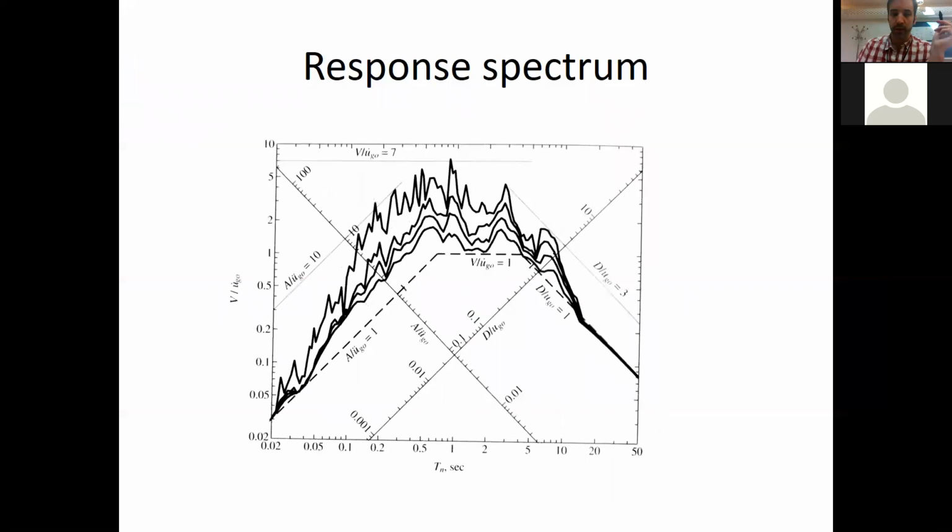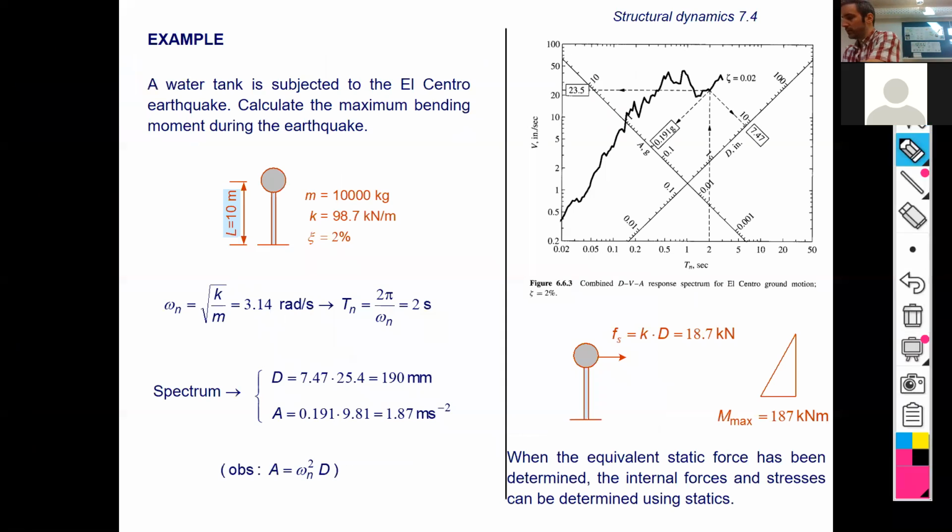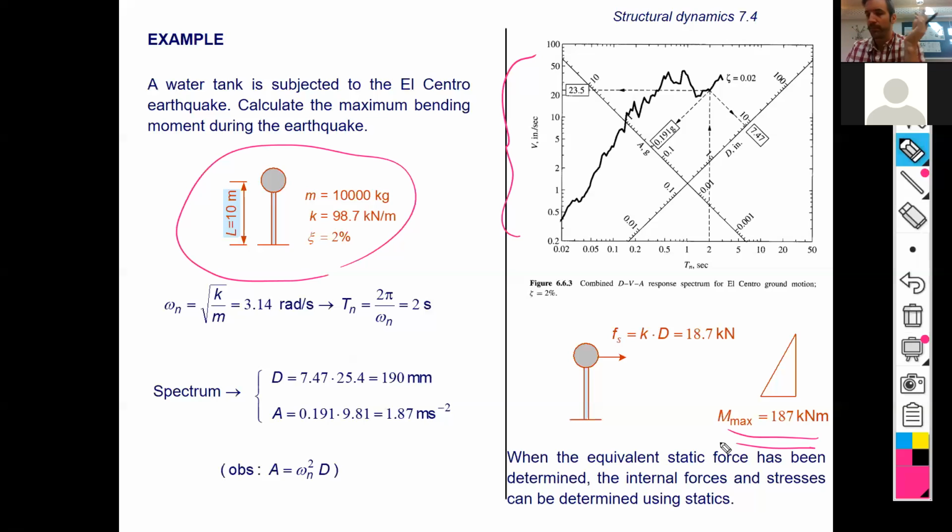So it's going to be similar to this problem, maybe a little bit more complicated with a little bit more details. You're given the characteristics of a structure, you're given a spectrum, and you have to calculate stresses or bending moments or something like that.